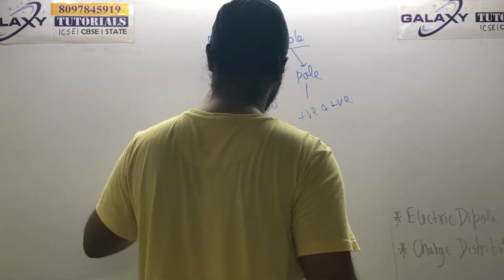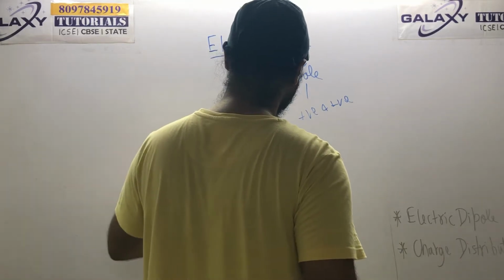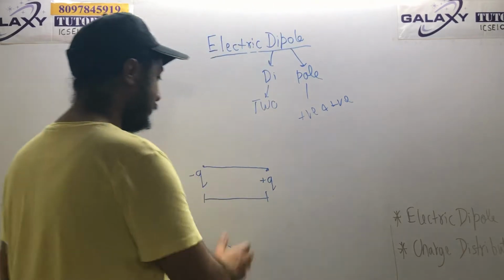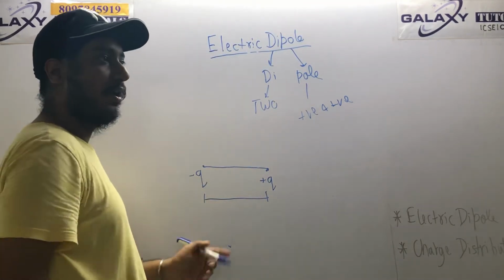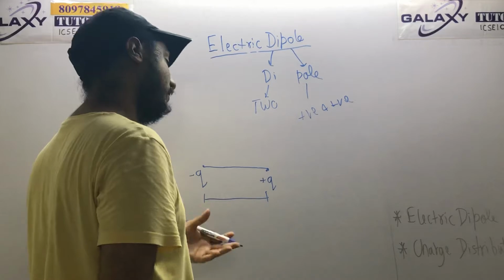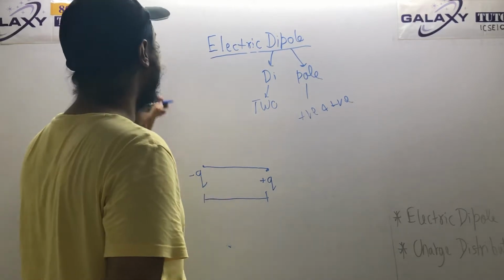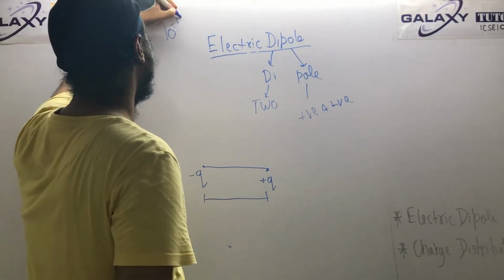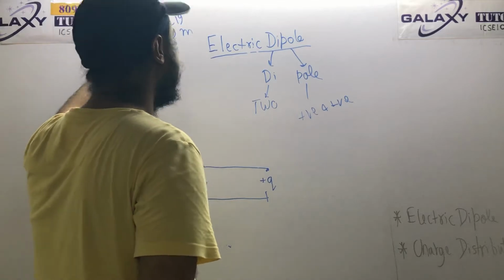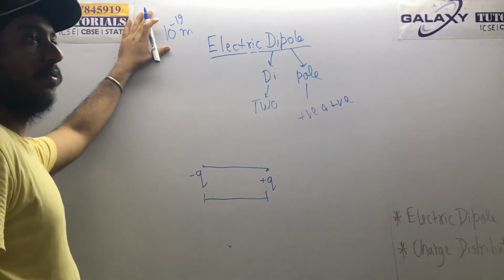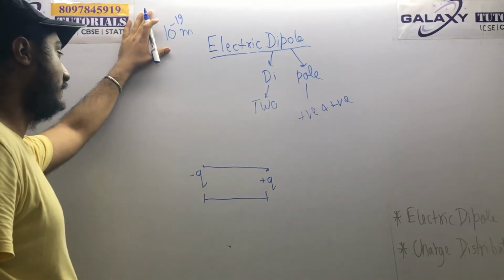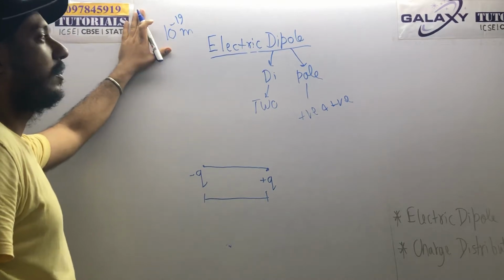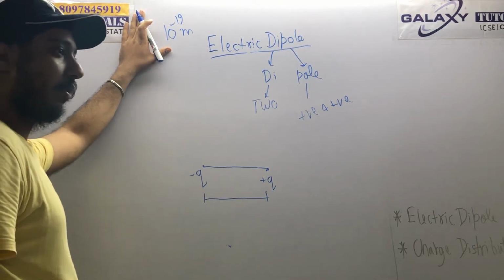This distance is very small. It might be of the order of 10 raised to the power minus 19 meter or something like that. The important thing that we are talking about here is, now let us see some important terms.